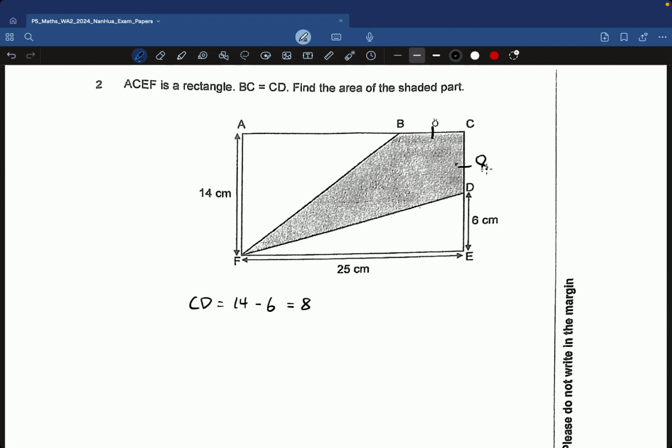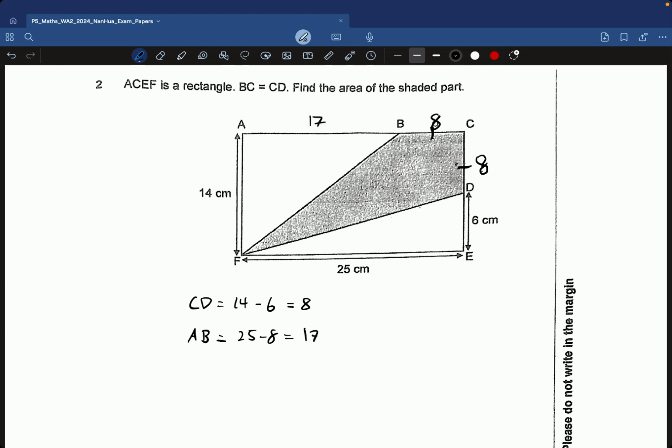So this is 8, and since this is the same, this is also 8 centimeters. Now we need to know what this is as well. So AB is equal to 25 minus 8, which is basically 17. So now we know AB is 17.